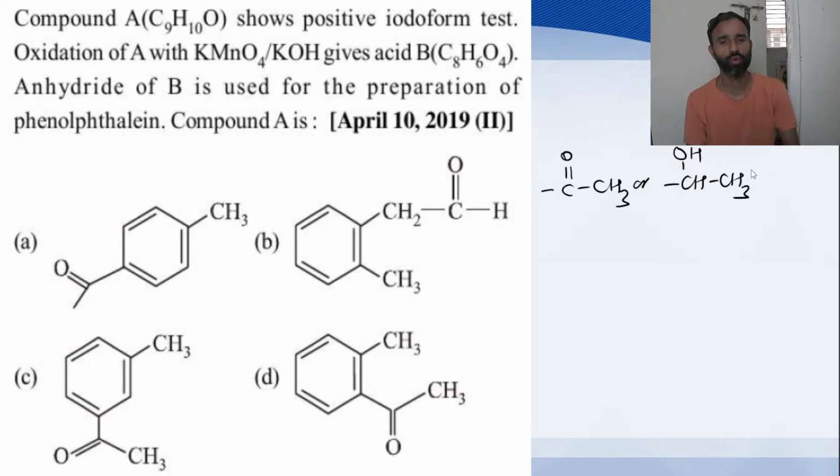Now oxidation of A with KMnO4 and KOH gives acid B with one carbon atom less, C8H6O4, and anhydride of B is used for the preparation of phenolphthalein. So you know, for phenolphthalein we use phthalic anhydride.